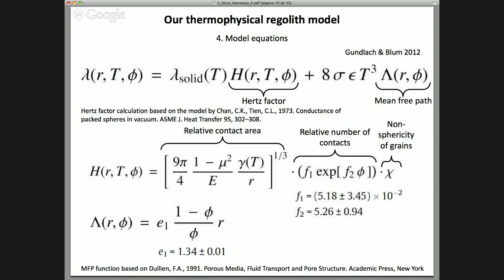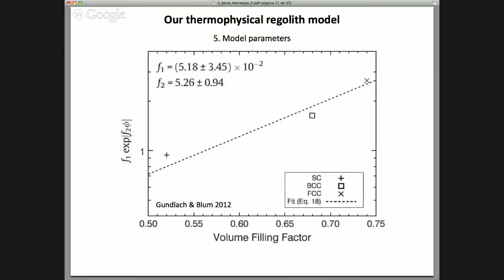So this has elastic properties, the Poisson ratio, elastic modulus, and the surface energy of the material, and these are all temperature dependent, and the grain size. And so the geometry, actually the packing fraction, or the phi expression, only enters here, and we took the liberty to take the 3 data points from the BCC, FCC, and SC lattices that Chan and Tien had used, and apply some crude formula here.